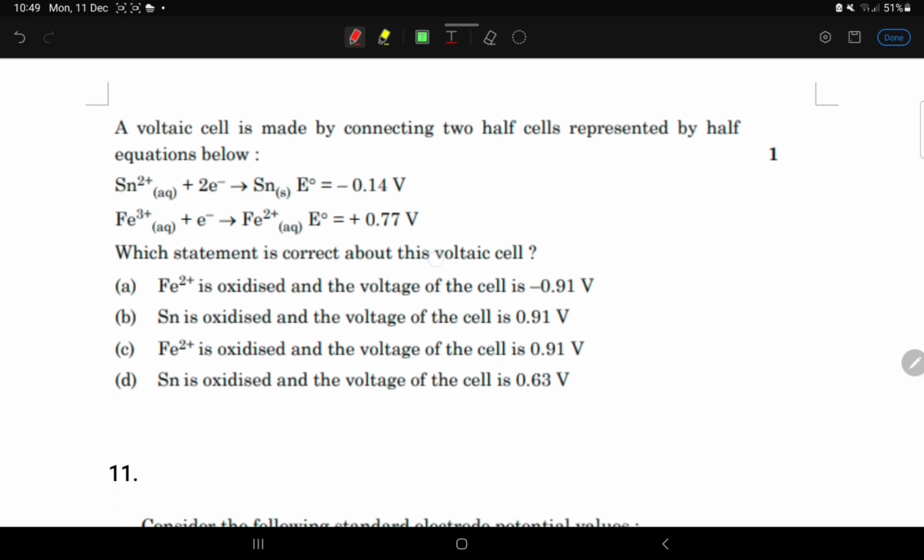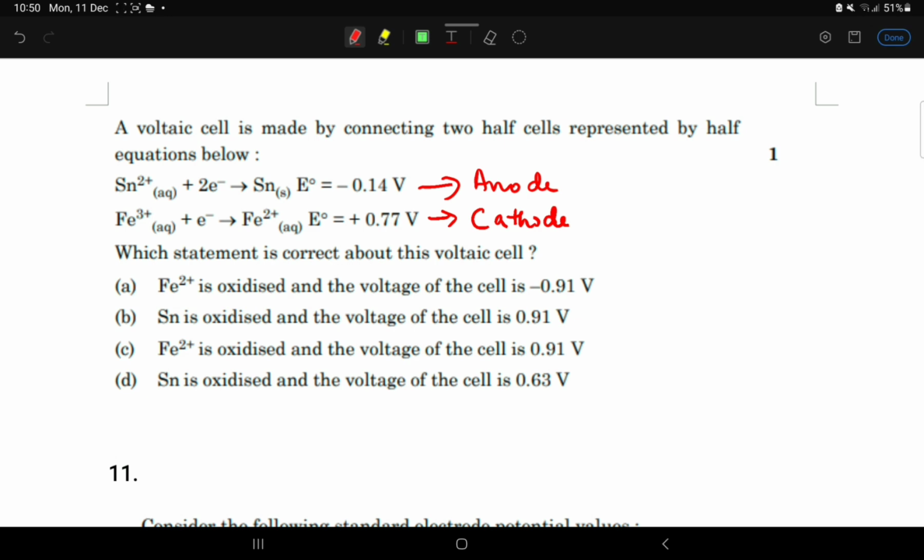A voltaic cell is made by connecting two half cells represented by half equations below. Which statement is correct about this voltaic cell? Here from the E naught value we can understand the higher one will act as cathode and the lower E naught value will act as anode. So Fe3+ is getting reduced to Fe2+ and Sn is getting oxidized to Sn2+.